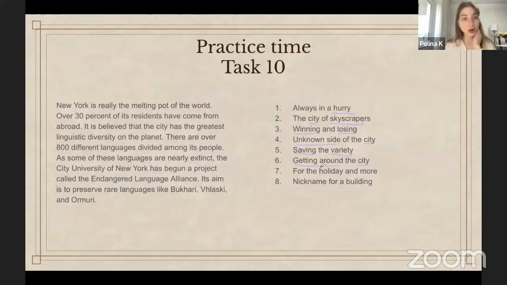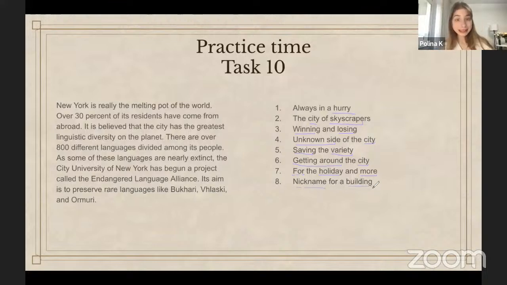Number 7, for the holiday and more. Okay, well, yeah, we could take that as well. I'd rather say holiday, more for, yeah, it expresses the purpose here. We can just highlight it in such a way. Okay, number 8, nickname for a building. Nickname, building, absolutely agree.